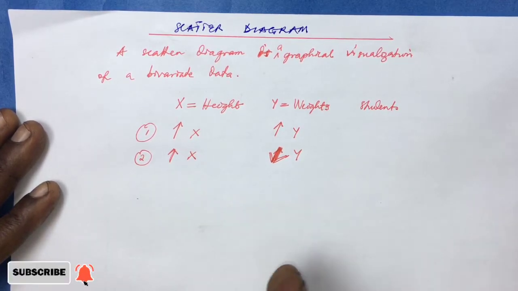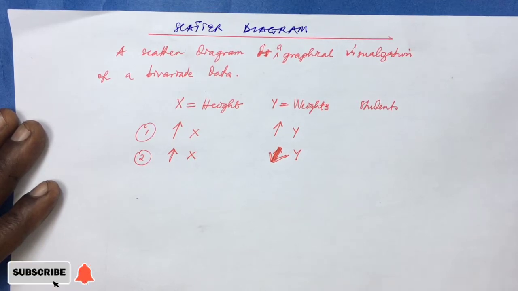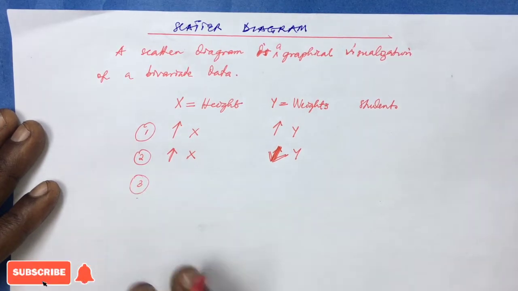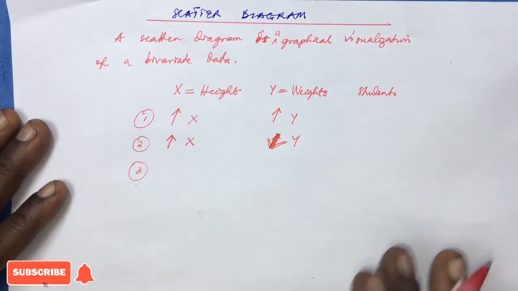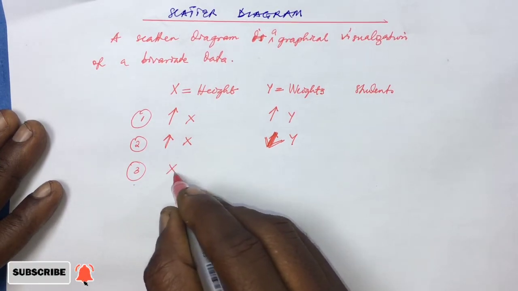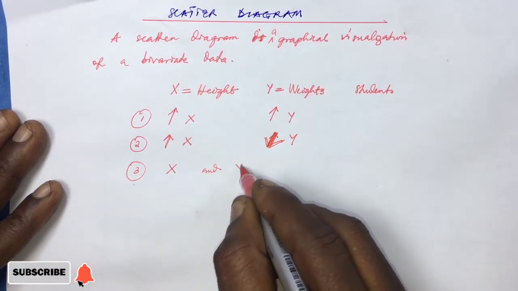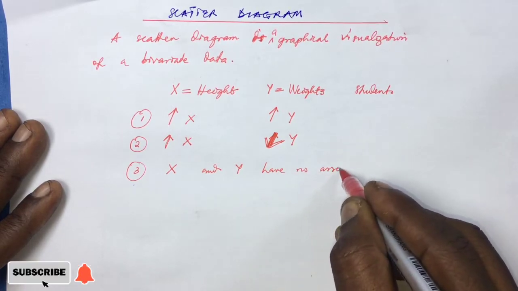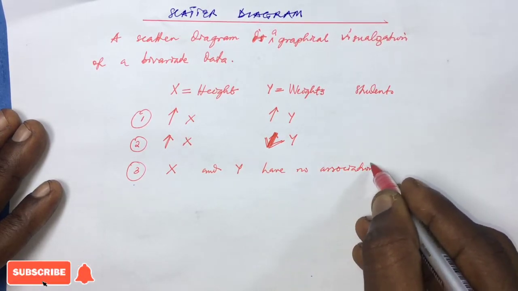Remember, a scatter diagram is a graphical visualization of bivariate data. Another question to answer, to understand the association between X and Y, is: is it possible that X and Y have no association? No association. Is it possible?